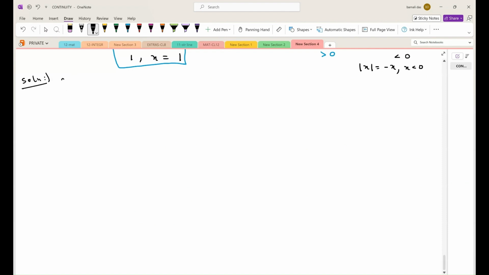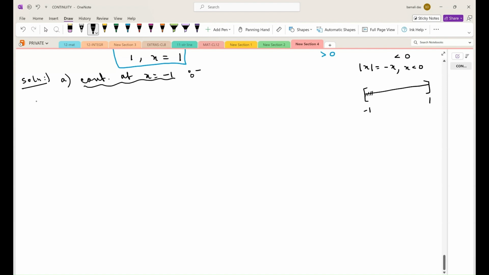So first, part A, we are checking continuity at x equal to minus 1 first. Now, as I told you before, since minus 1 is a boundary point, there is no question of checking the left hand limit. So we will check only the right hand limit.